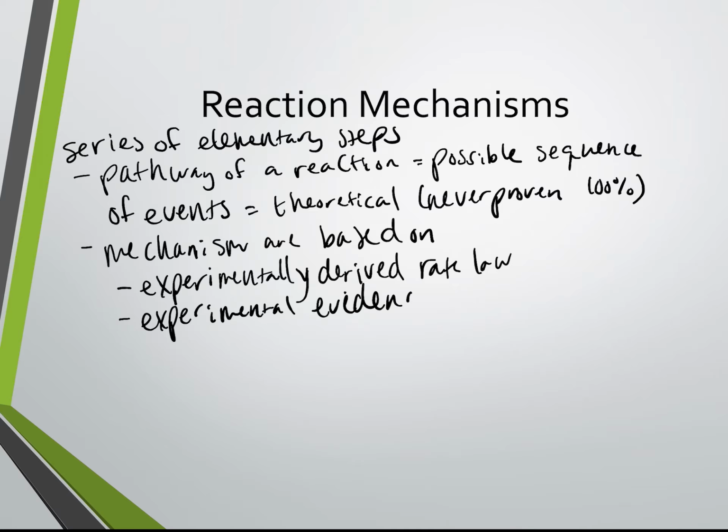So, of course, our rate law itself, what our reactants are, what our products are, and a lot of times they can actually do different techniques during the reaction to find things that are formed for seconds or milliseconds or even less time during the reaction. And then, of course, chemical knowledge.